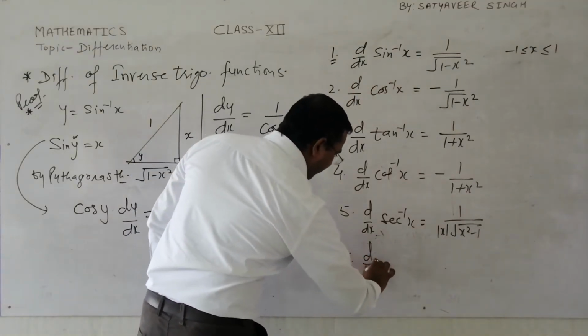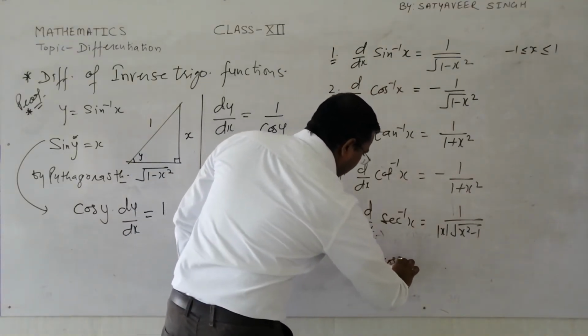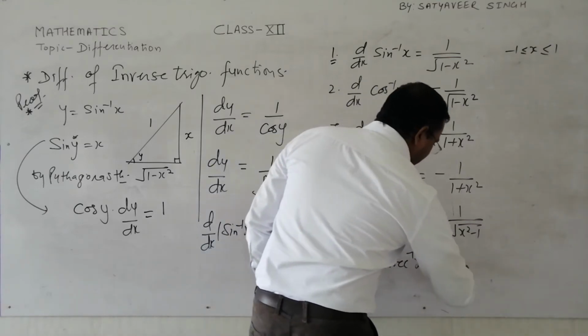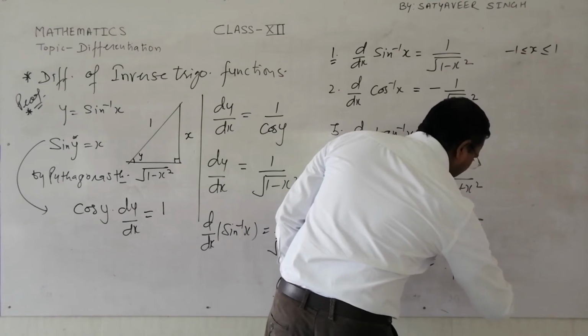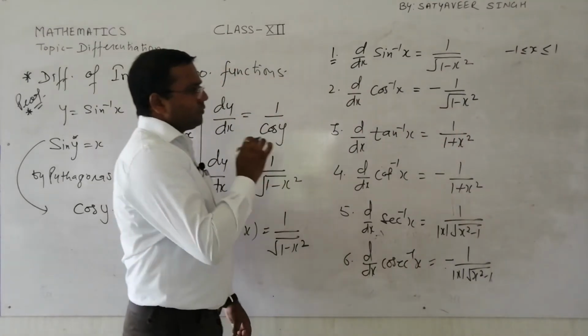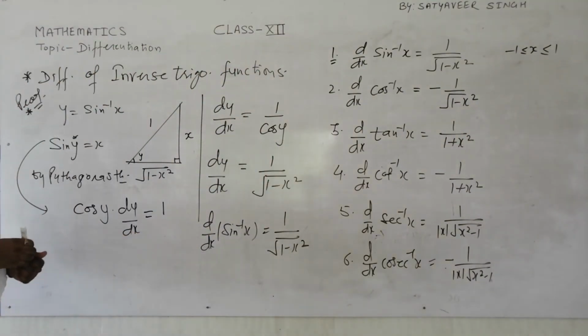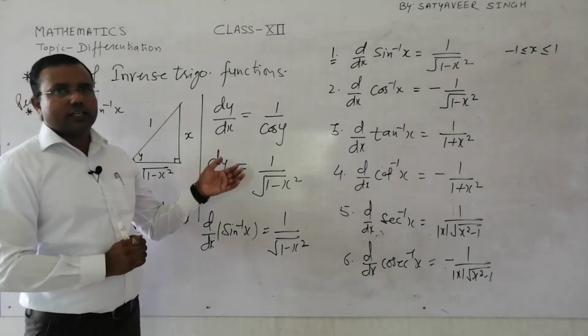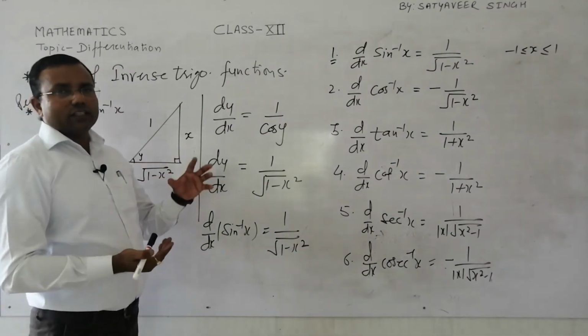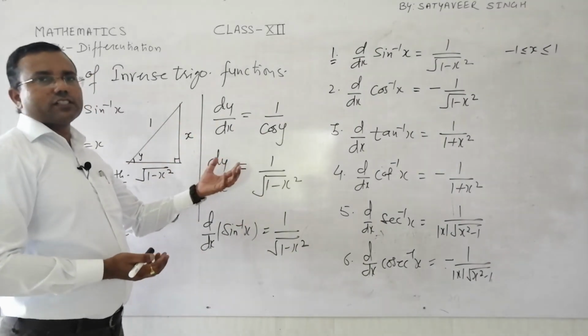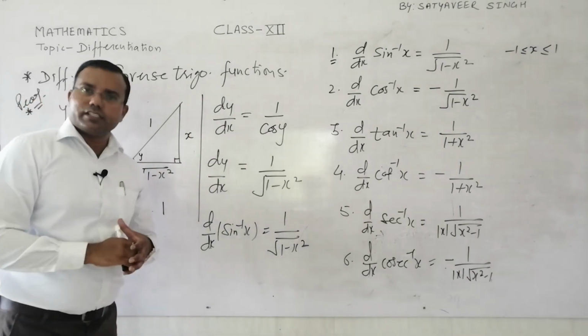And the derivative of cosec inverse x is minus 1 upon modulus x root x square minus 1. So you will have to keep these 6 simple results in your mind for finding the derivative of the inverse trigonometric functions. Although we will find the derivative of the inverse trigonometric functions using the trigonometric results only.